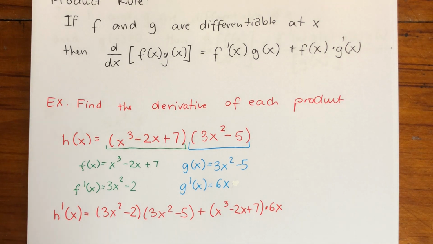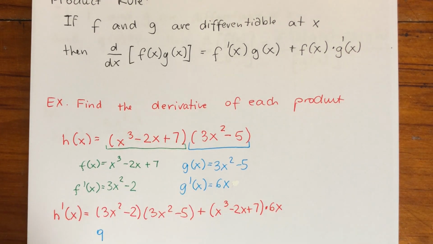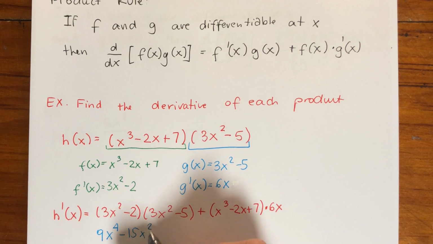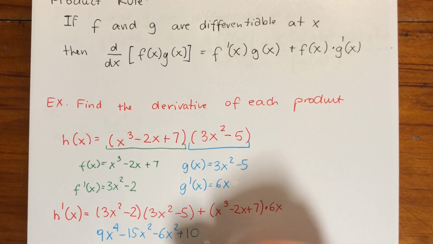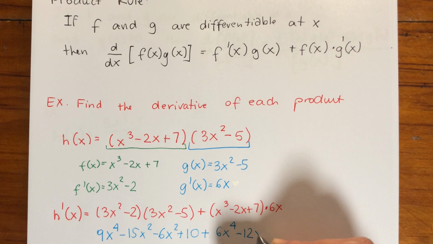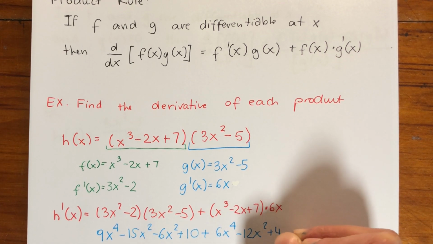And now, yes, we do have to clean this all up. So for the first part, we are going to use the distributive property. That is going to give me 9x to the power of 4 minus 15x squared minus 6x squared plus 10 plus 6x to the power of 4 minus 12x squared. 6 times 7, 42 x.